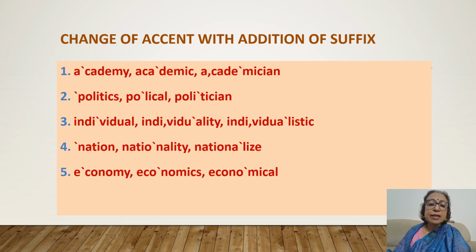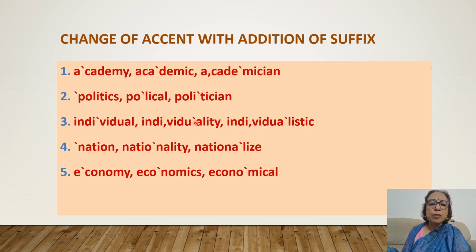Individual, that is the stress in the first word. Then you have individuality. A is where the stress is. Then you have individualistic. Stress is in the li. You can easily see the stress by looking at the syllable above which there is a small mark.